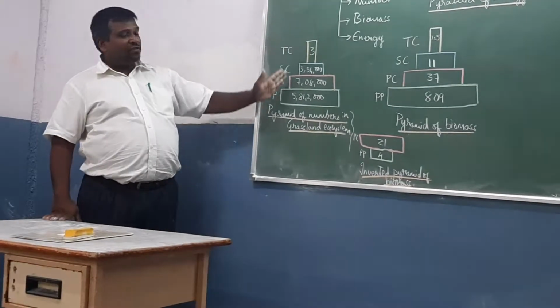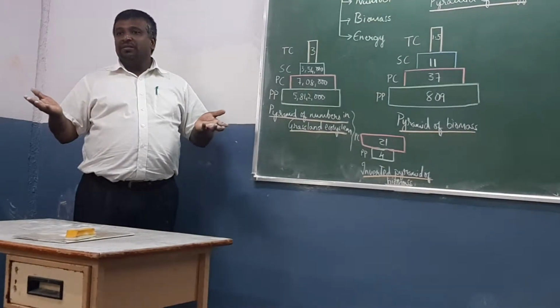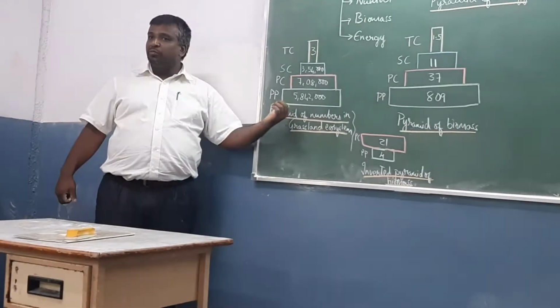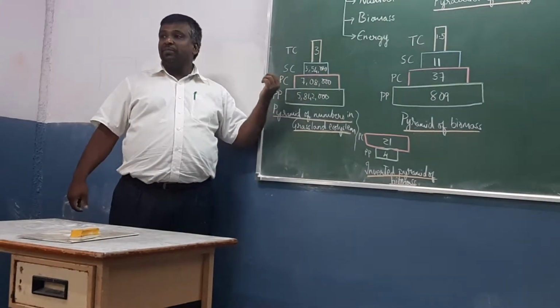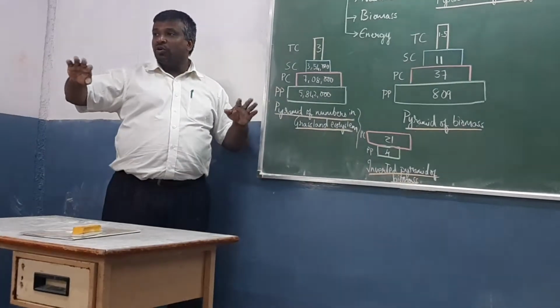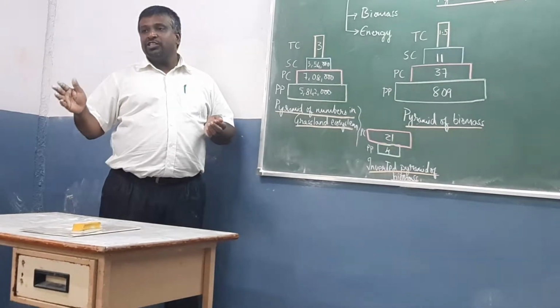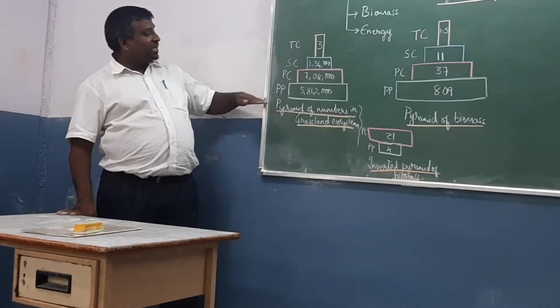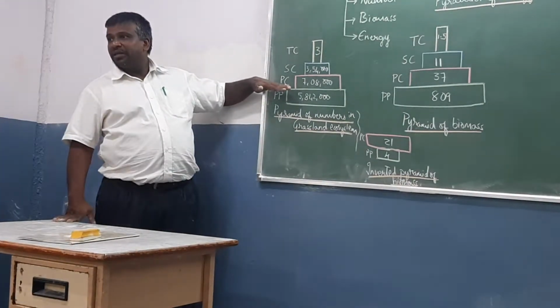If this pyramid of numbers is not there, there won't be an ecological balance between herbivores and carnivores. When we talk about plants, so many of them are consumed by primary consumers, which are herbivores, directly dependent upon plants for food. The second level is the herbivore or primary consumer.